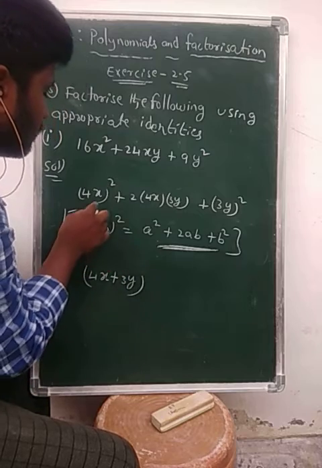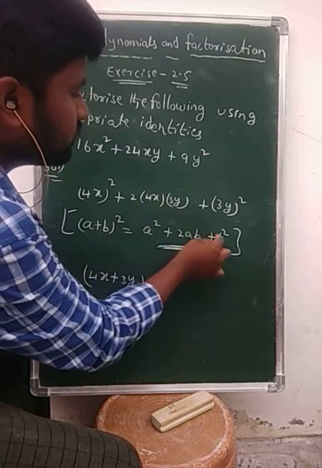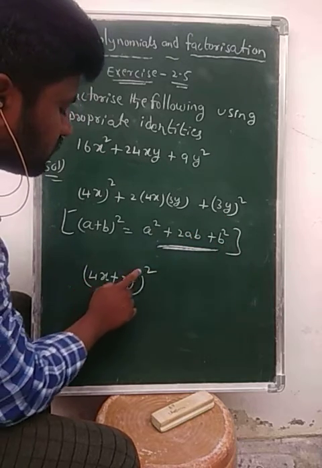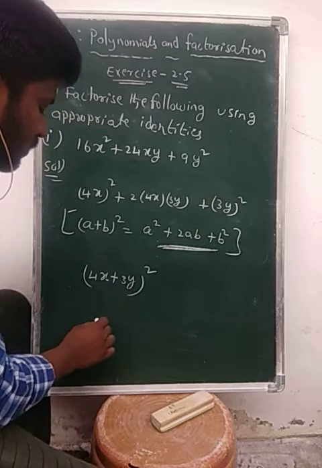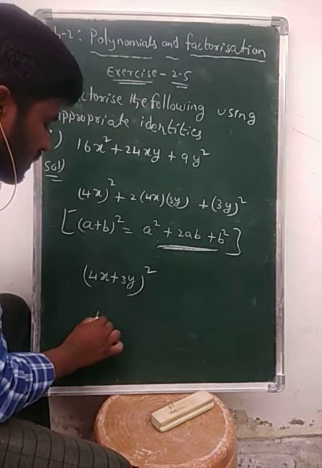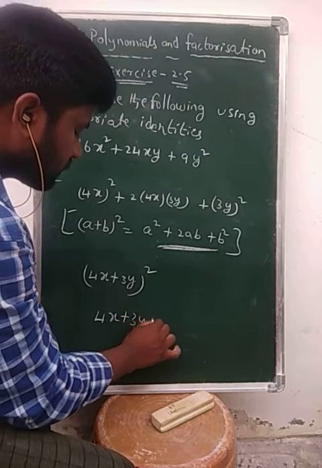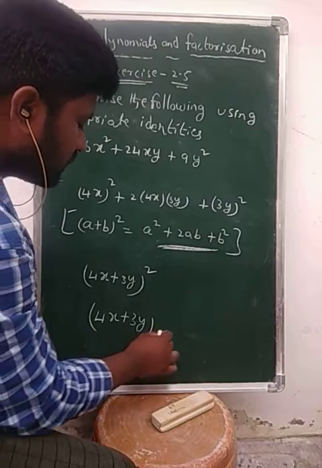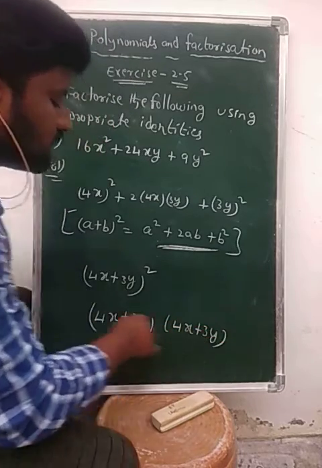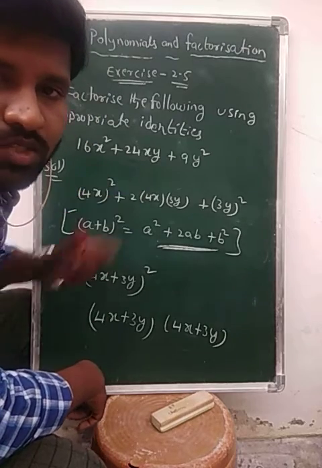So we can write it as 4x whole square plus 2 into 4x into 3y plus 3y whole square, which is 4x plus 3y whole square. This is a plus b whole square, which we can write as a plus b into a plus b, that is 4x plus 3y into 4x plus 3y. So this is the required answer for this question.